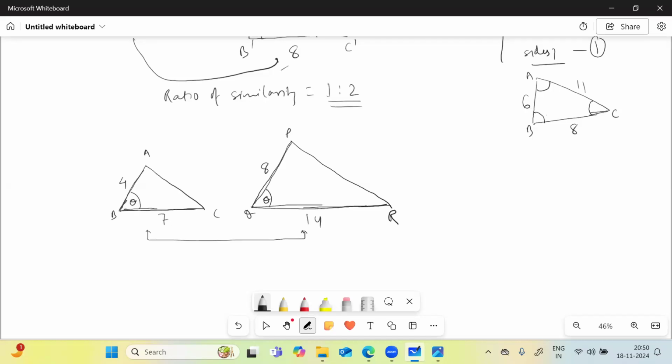And this particular rule will be called the side angle side rule for similarity. Remember, these sides are not equal here. They are in a certain ratio. So if the angle between two sides is equal and those two sides are in the same ratio, your triangles will be similar.